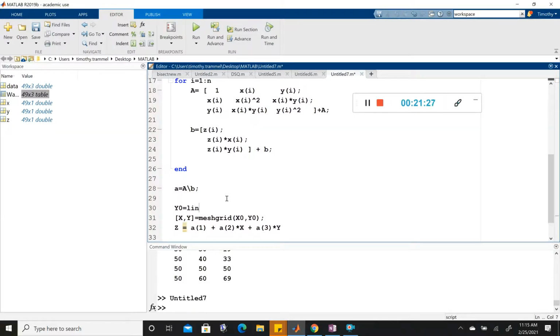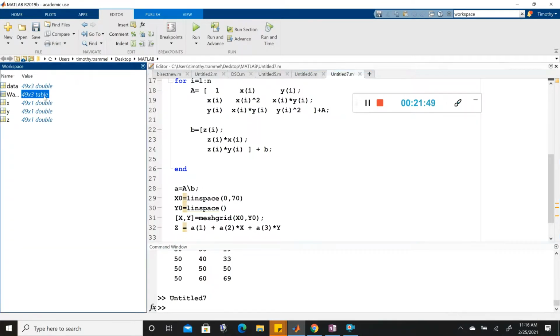So y0 equals linspace, and x0 equals linspace. Okay. And let's go 0 to 70 in the x's, because I believe the largest, let's just look.